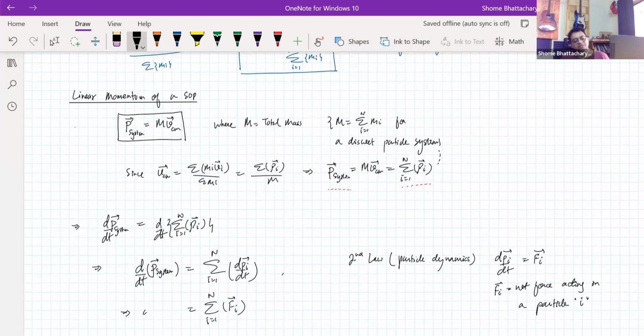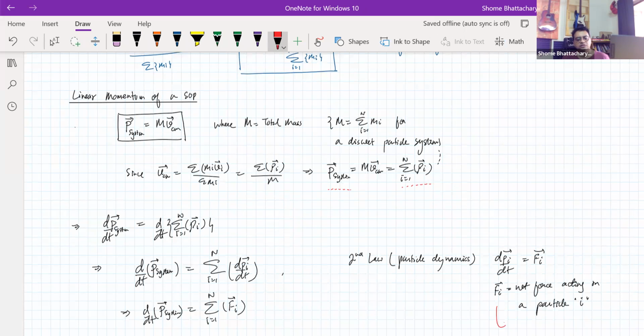So ultimately this summation is basically what? It is a vector sum of all the forces acting on all the particles put together. Because Fi is the vector sum of all the forces acting on a particular particle, and then we are summing that up over all the particles. So ultimately we are summing up all the forces acting within a system.